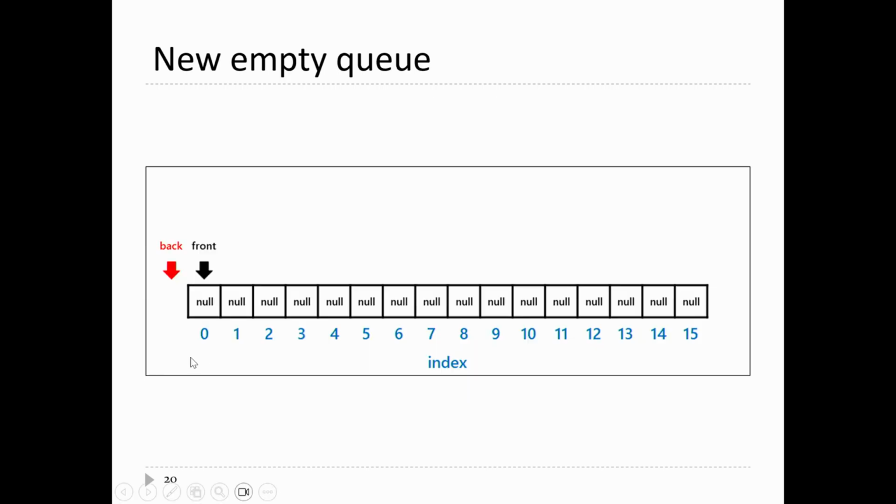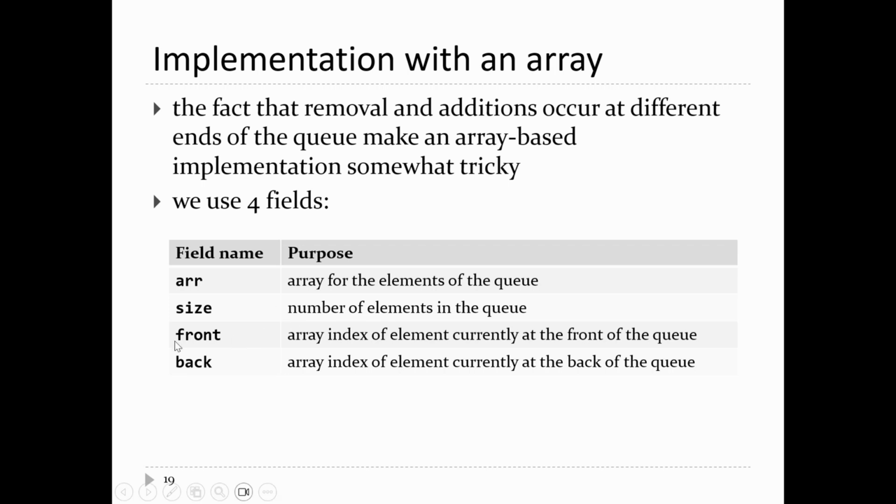Okay, so here's our array of elements. It's a generic array, so it's actually an array of object, so it has some reference type. In the array are a bunch of null values here. Front is going to be the index. This says it's the array index of the element currently at the front of the queue, but we're actually going to do something slightly different.